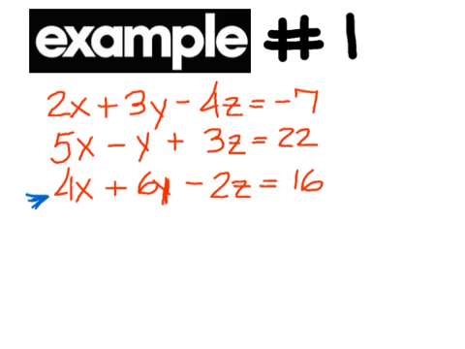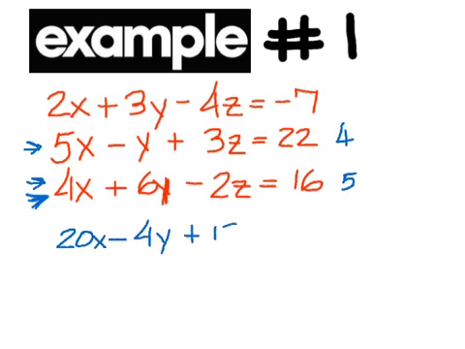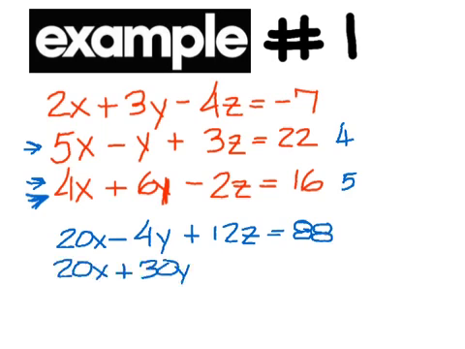On the first step here, we're going to have to change this and this into 20, so we're multiplying by 4 here and by 5 there. On the middle one, you should have 20x minus 4y plus 12z equals 88. And then on the bottom, you should have 20x plus 30y minus 10z equals 80.